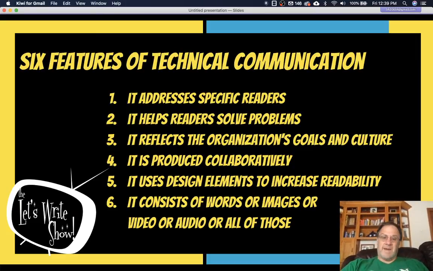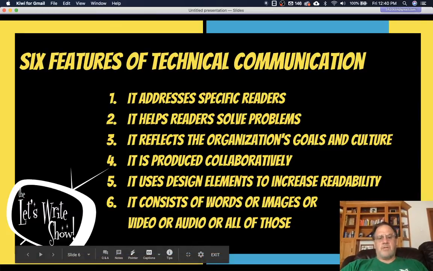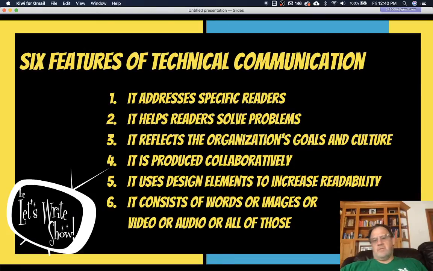So that's pretty broad, but talking about scientist to engineer, it's pretty specific, right? And it helps solve problems. So why do I need to make this sandwich? Who am I making it for, right? What's the problem that's being solved?